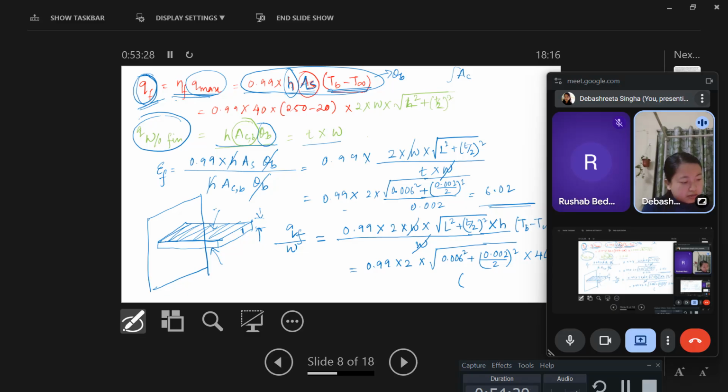There is TB minus T infinity also. TB was 240, I guess, 250 minus 20. So how much are you getting?